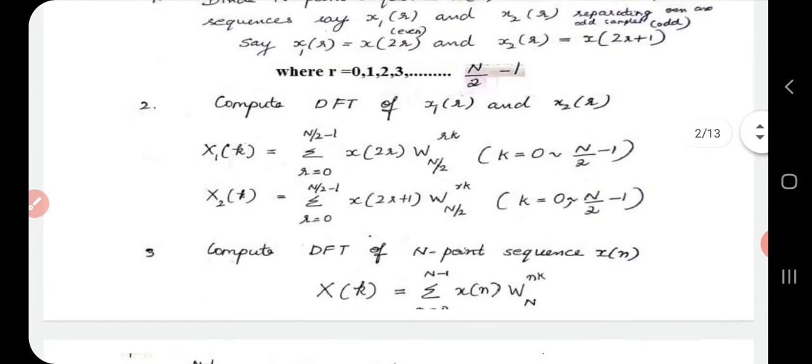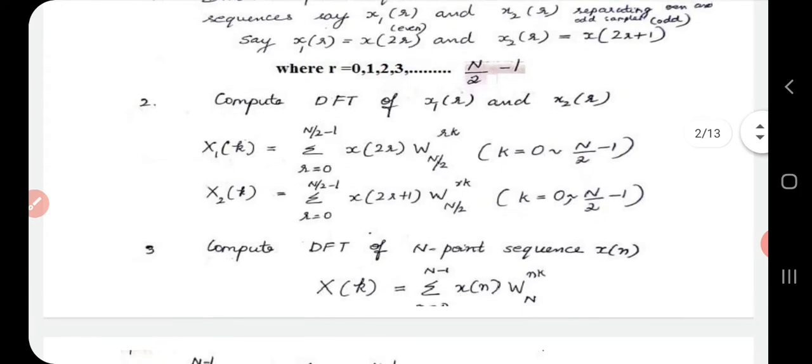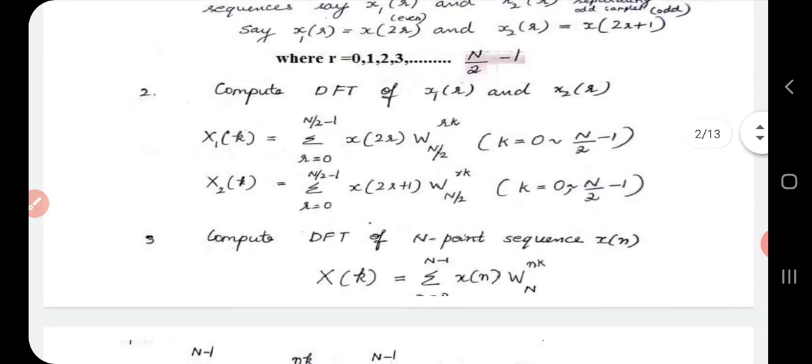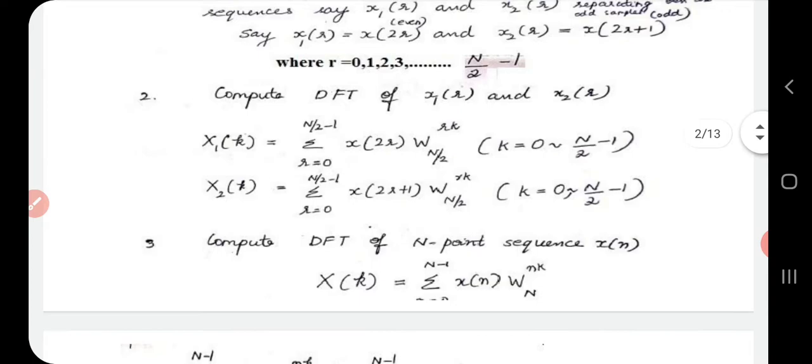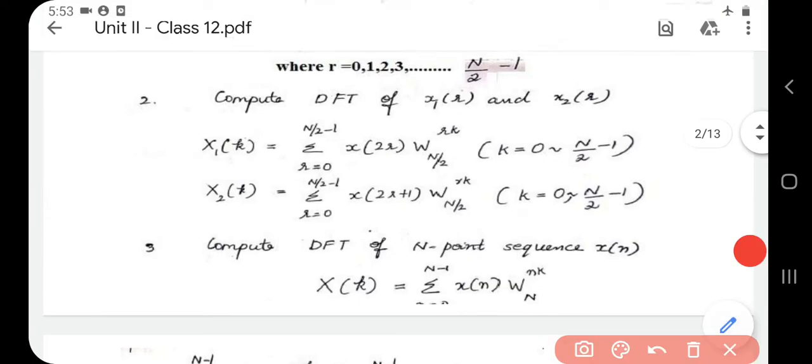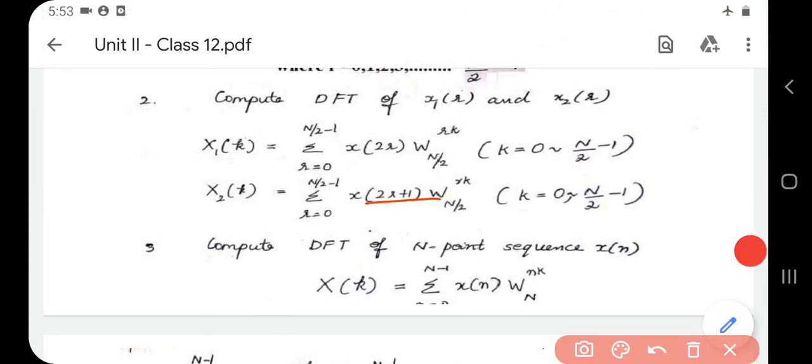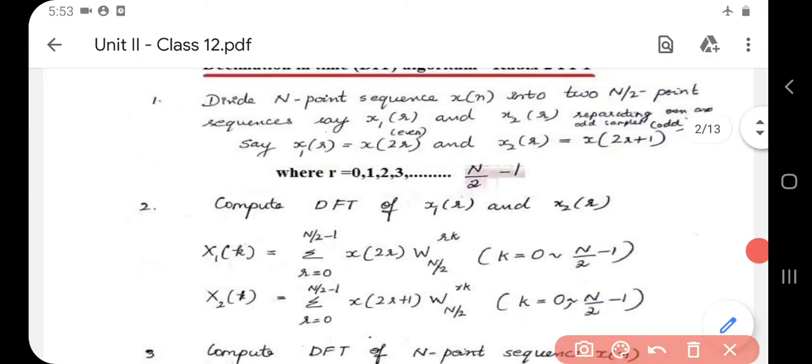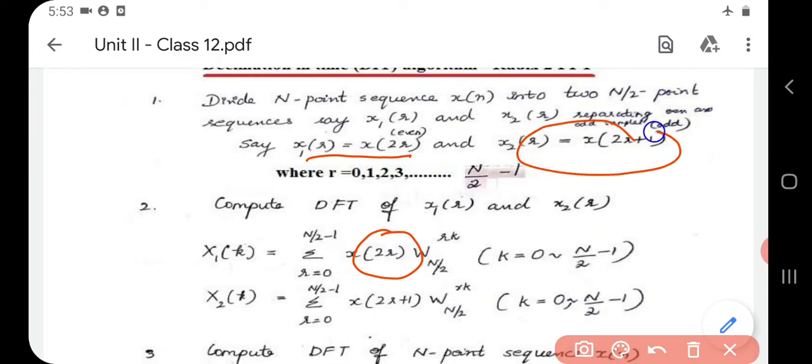The DFT of x2 of r is given by X2 of k, summation from r equal to 0 to N by 2 minus 1 of x of 2r plus 1, because x1 of r is x of 2r, that's why you have written it here, and x2 of r will be x of 2r plus 1. Then the twiddle factor will be the same.